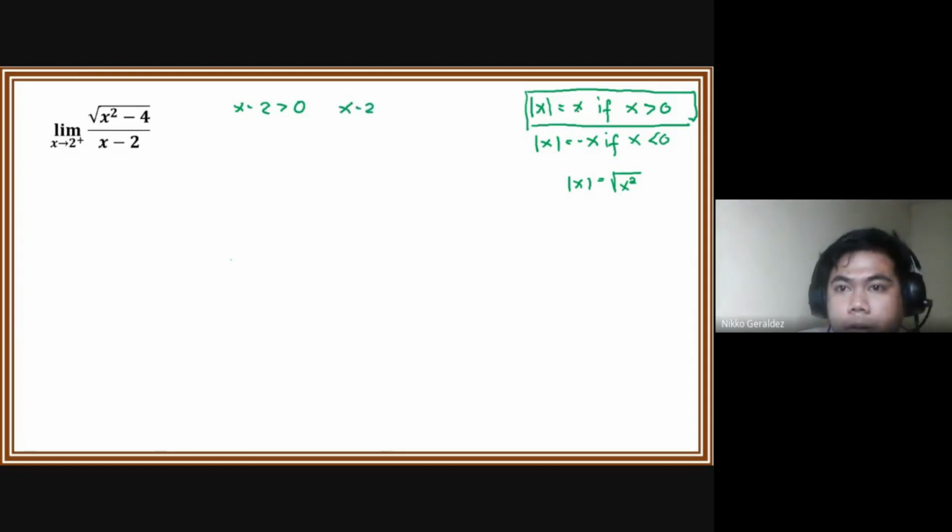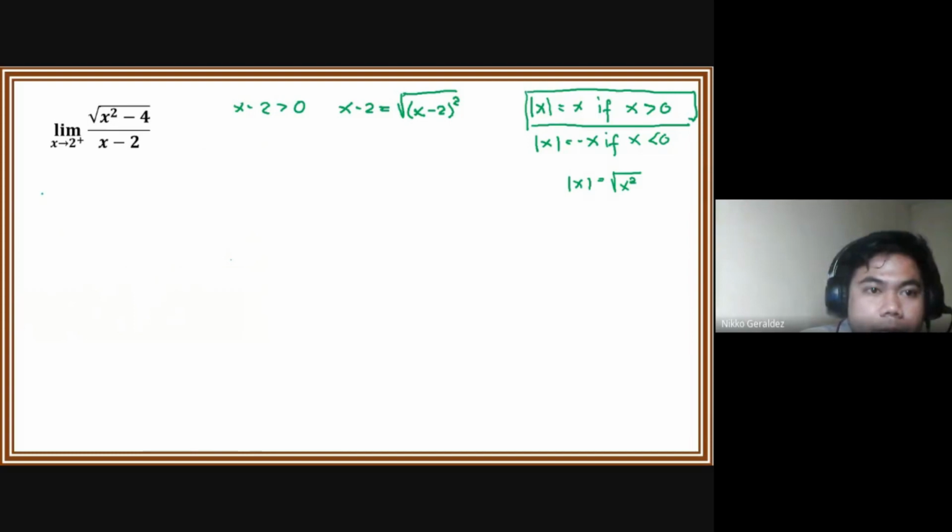X minus 2, yung x mo, so, equal to square root of x minus 2 squared. So, meron ka na square root of x minus 2 squared. So, substitute mo doon sa denominator mo.